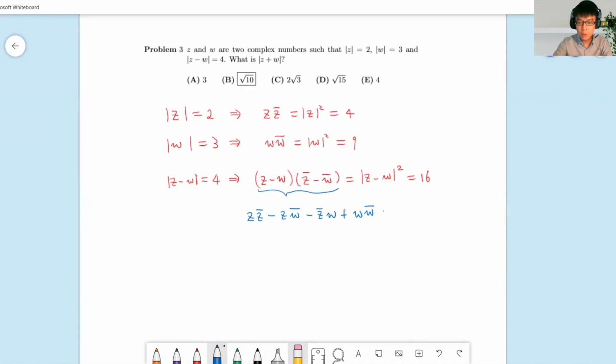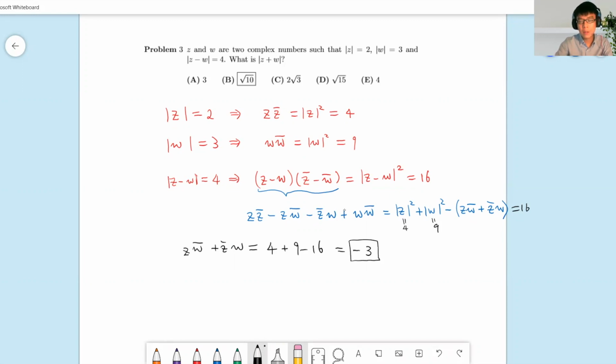And we see this equals modulus Z square plus modulus W square and then minus Z times W bar plus Z bar times W, right? So we know Z and W, so we can solve the parentheses part. Z times W bar plus Z bar times W equals 4 plus 9 minus 16, okay? Because this part equals 16 and this equals 4, this equals 9. So this equals minus 3.